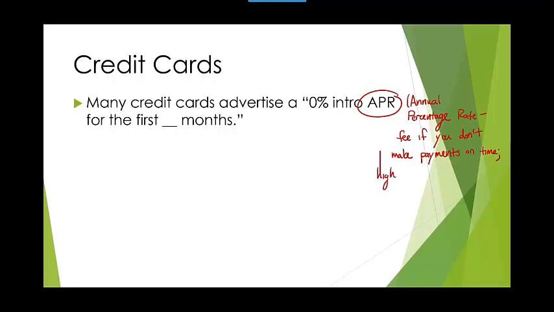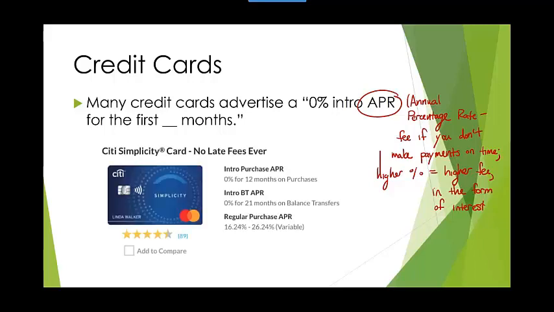As you might guess, a higher percentage APR means a higher fee. The higher your APR, the higher the fee that you get charged. And that fee is in the form of interest. We're not really talking about interest yet in this chapter, but we will in the financial section.